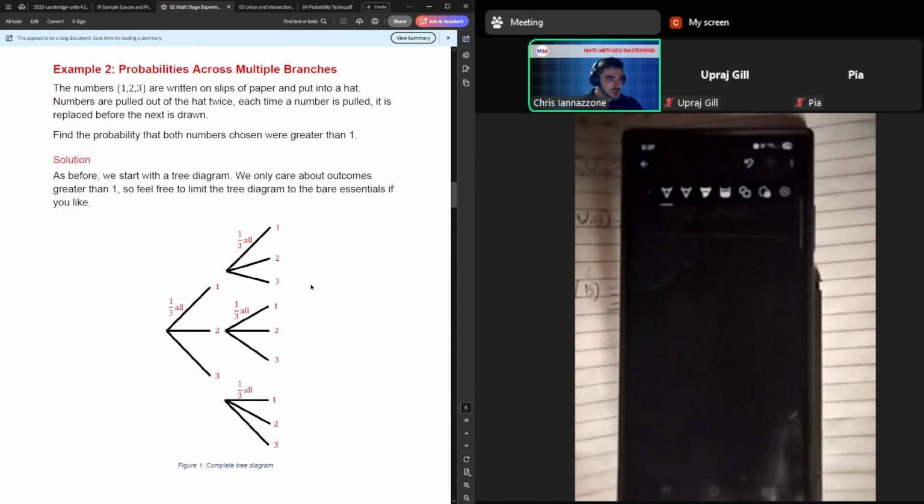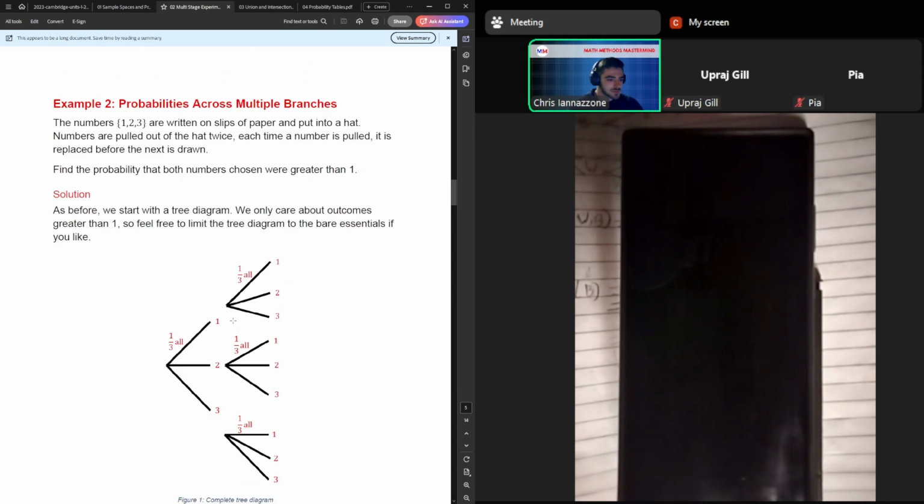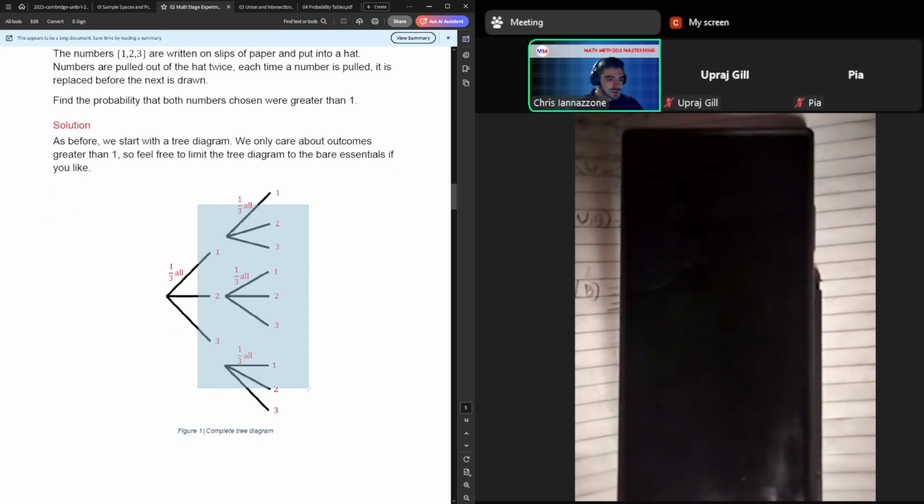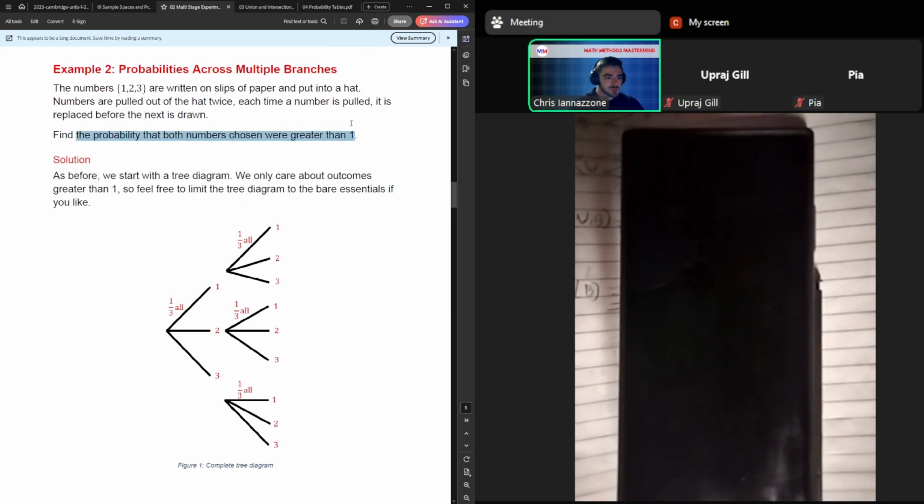Probabilities across multiple branches, so what am I actually trying to say here? Basically, if you start having multiple branches in your scenario, you can look towards the probability itself to limit the amount of effort you put into drawing the full tree diagram, because it gets crowded pretty quickly.